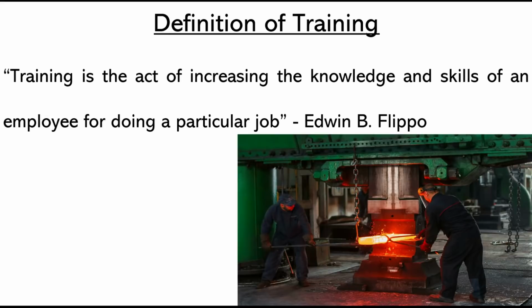So they might be giving training to improve interpersonal relationships, to improve their communication skills so that they can be groomed and they will talk well to customers. Okay, so that is what this training means. Training is given to an employee for a particular job to improve their skills so that they can perform better without any errors and a good productivity can be achieved. So I hope it is clear.